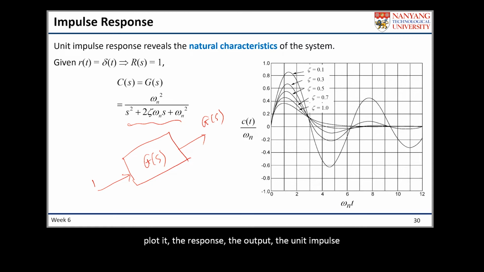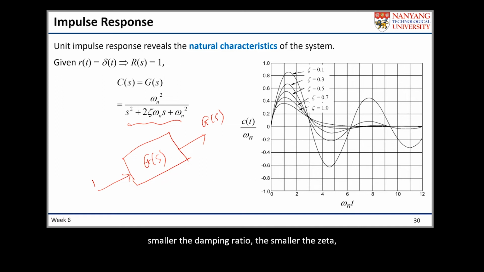If you plot the unit impulse output of this system, it will look like the plot on the right hand side here. Depending on the damping ratio, the zeta of your system, if you have an underdamped second order system, the response is oscillating. Since we have an underdamped system, the response is oscillating, but the amplitude is getting smaller and smaller.